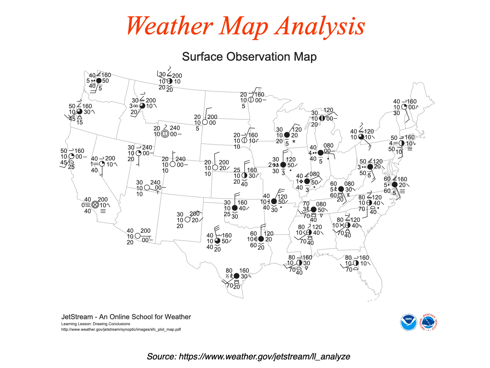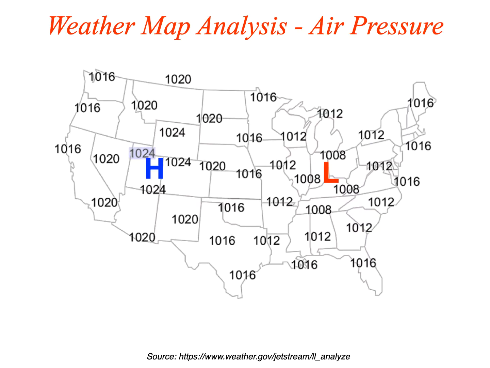So in the next map that I'm going to show, I've just focused on atmospheric pressure to see what the pressure patterns are, and they look something like this from the raw data.